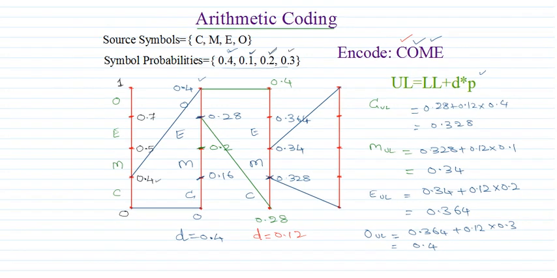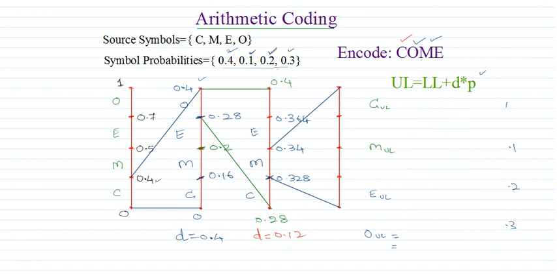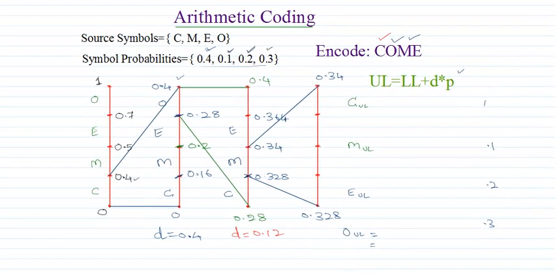Okay, so here I'll simplify the values. Now M will take a value of 0.328 here, and then the upper limit will be 0.34. Once again we use the same formula to find the values here.